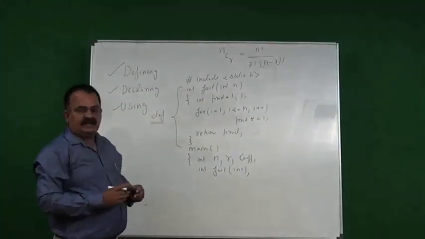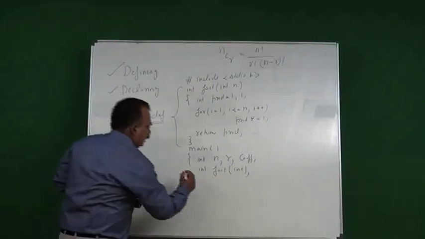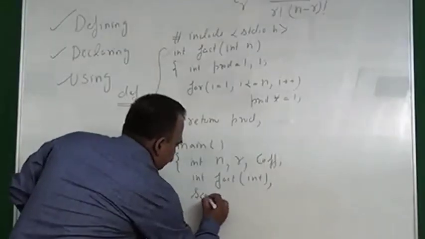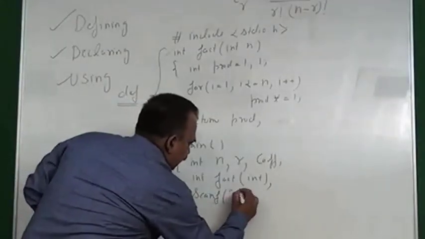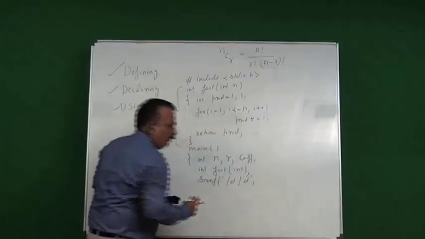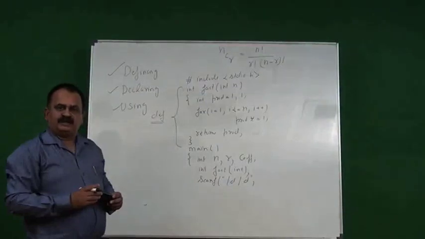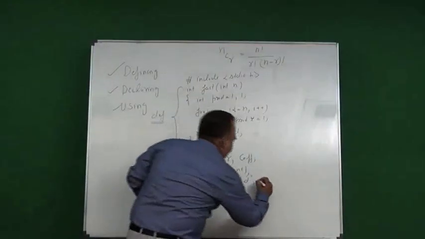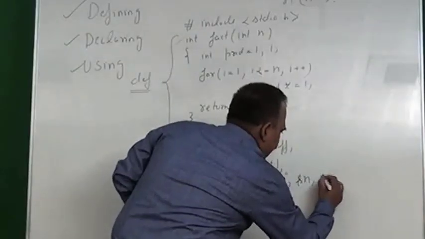To find NCR, I need 2 values, that is n and r. For the input statement, scanf with %d can be used. %d is a format used for input of integer variables, ampersand n and ampersand r.